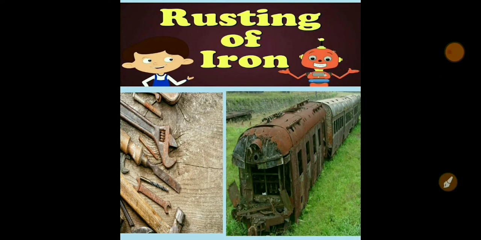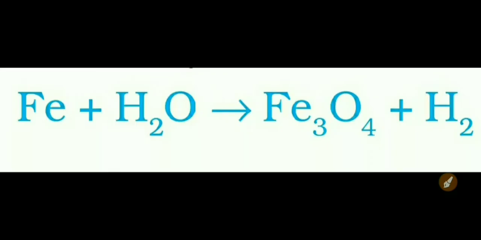When any article of iron metal is kept out or exposed to the open atmosphere, it reacts with water in the form of humidity or moisture and with the oxygen present in air. It forms a brown colored layer called rust. The process is called rusting of iron. As you see in the picture, an iron article rusting exposed to the open atmosphere.